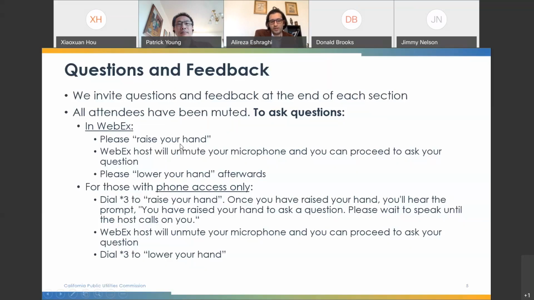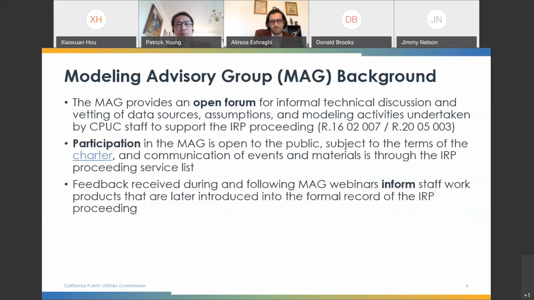Also, for those with phone access only, dial *3 to raise your hand. Once you have raised your hand, you'll hear the prompt, you have raised your hand to ask a question. Please wait to speak until the host calls on you. Then we can unmute your microphone and you can proceed to ask your question. Also, again, just to remember, dial *3 again at the end to lower your hand. Thank you.